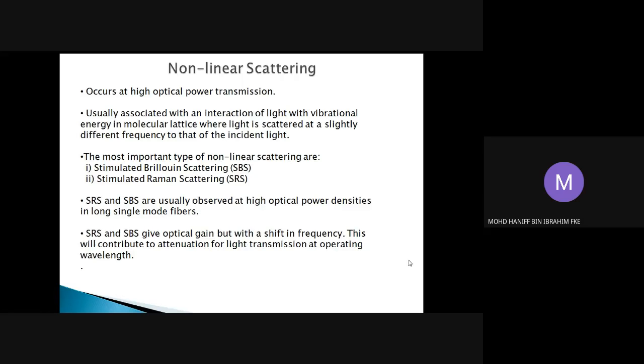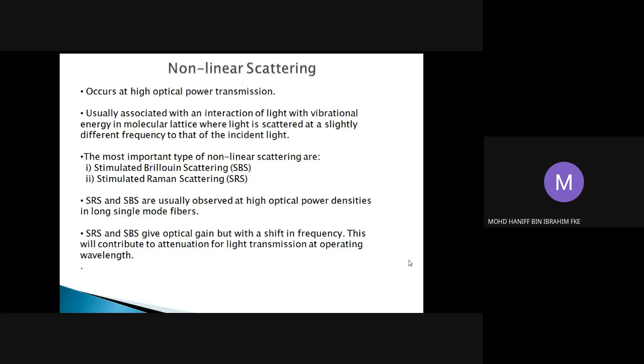Although SRS and SBS provide optical gain that assists in the signal amplification, the problem is this shifting of the wavelength. This is the unwanted thing that we don't want in optical communication.